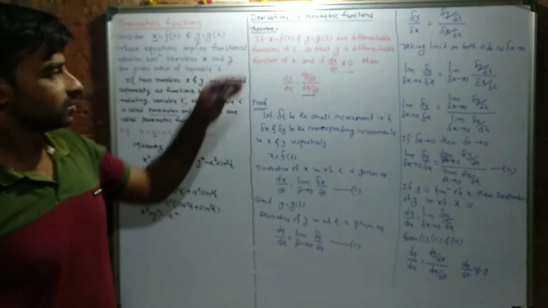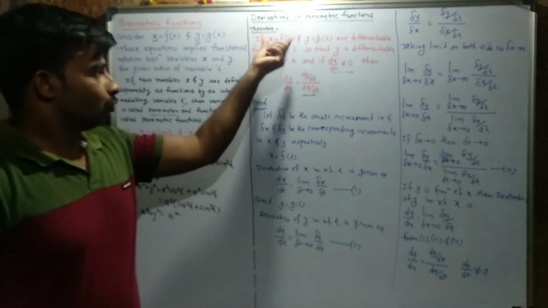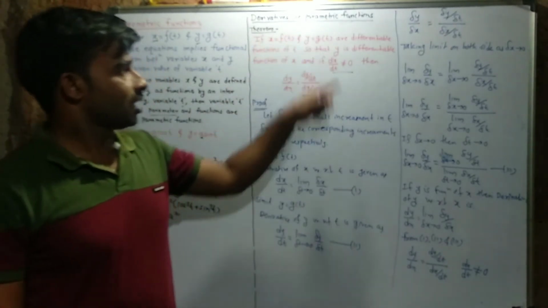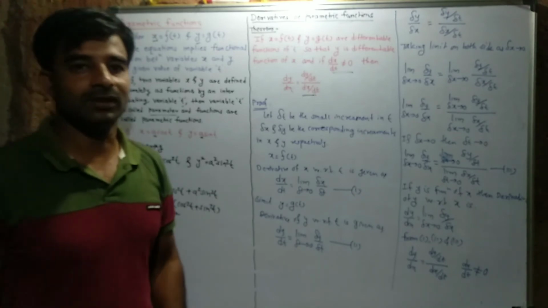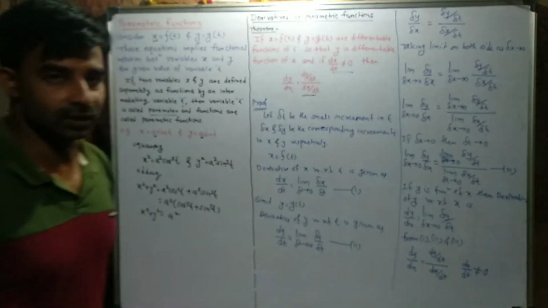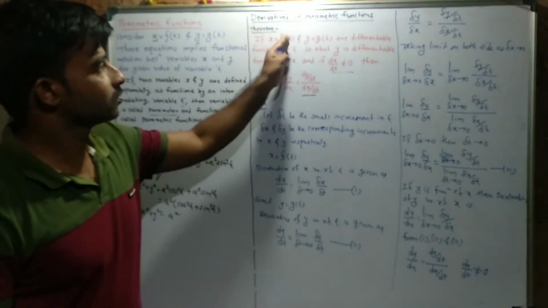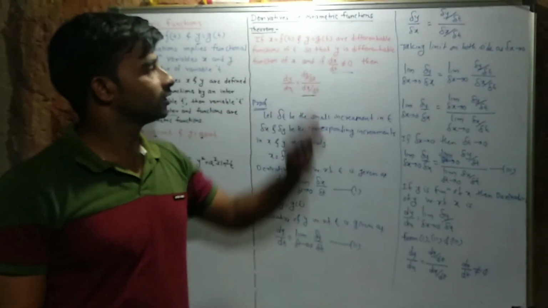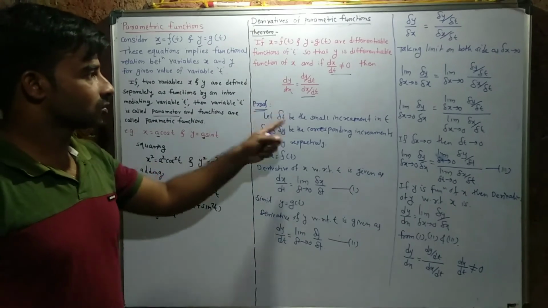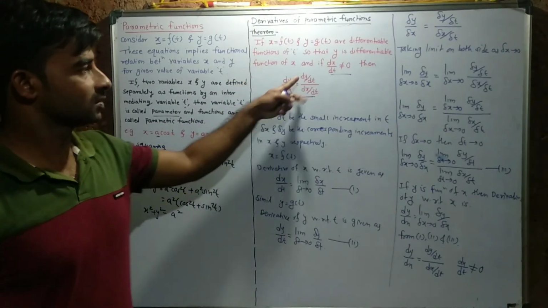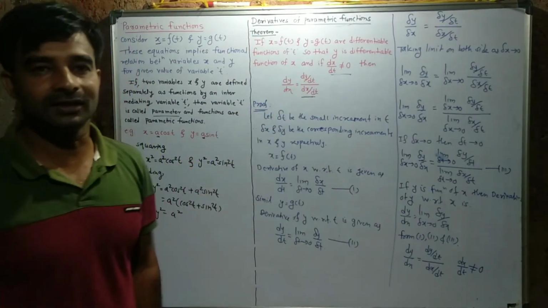What does it mean? We have two variables which depend on the same variable, the intermediate variable t, and we get the derivative of x with respect to t and of y with respect to t. Then y is a function of x, and dy by dx is dy by dt divided by dx by dt.